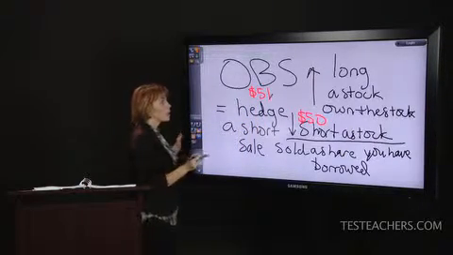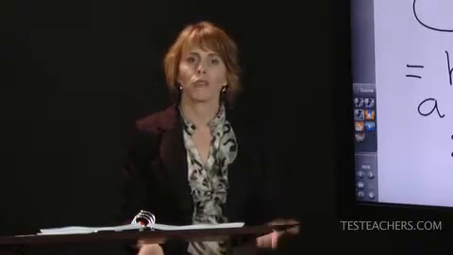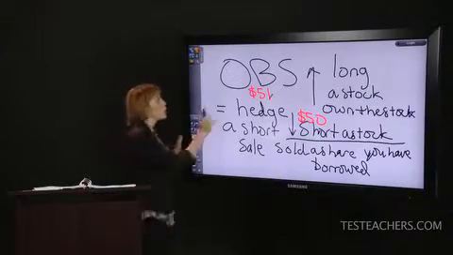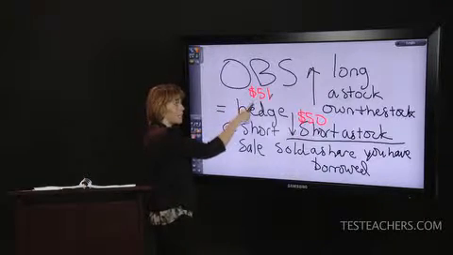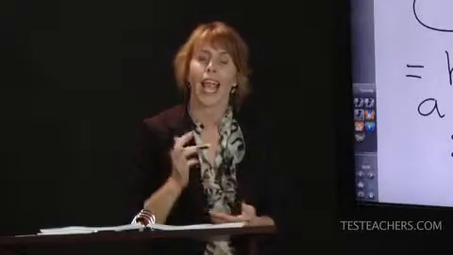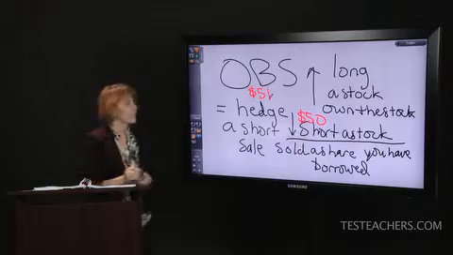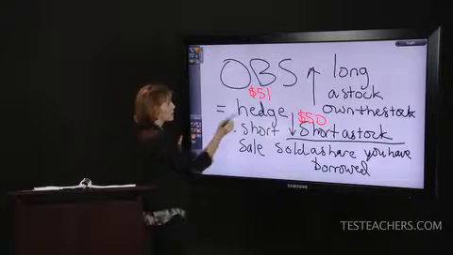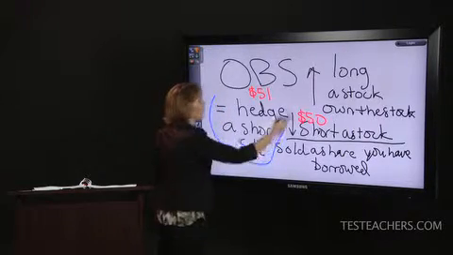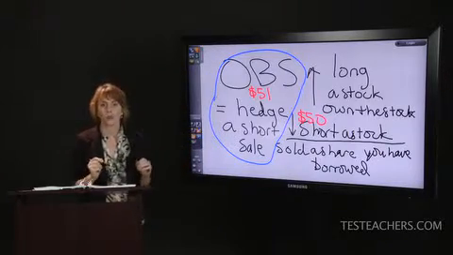If the market price goes up, you have upside risk on a short sale. If the market price hits 51, your stop becomes a market order, and you buy and cover that position. You limit your risk. This is always a test question. An open buy stop is the best way to hedge a short sale.